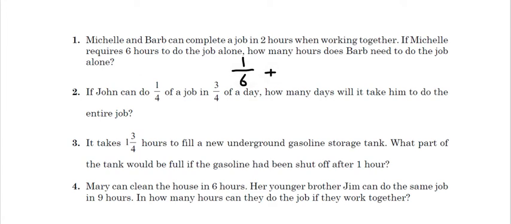And how many hours for Bob we don't know, so suppose X hours to finish the job. So 1 hour is 1/X. We multiply by 2 hours, right? So they can finish the job.